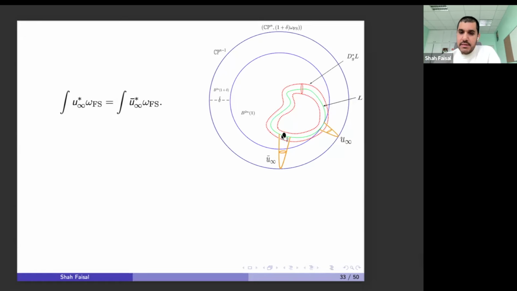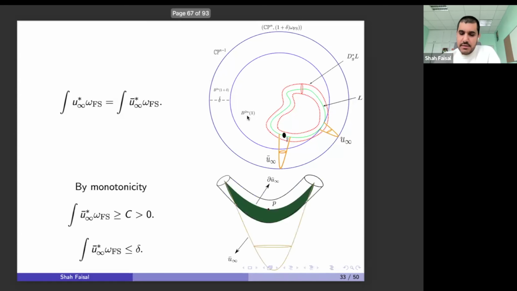And then I take a small neighborhood of the point P, which lies inside the original ball, not the extended one, and then I zoom in. If I fix the almost complex structure to be not changing with respect to delta, then I can always pick some positive symplectic area from that neighborhood by the monotonicity theorem.